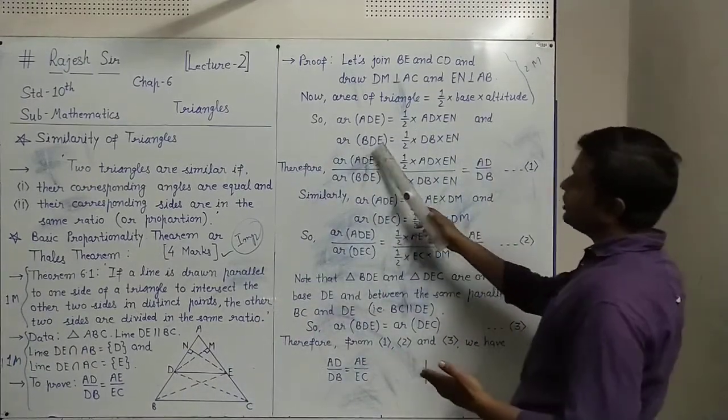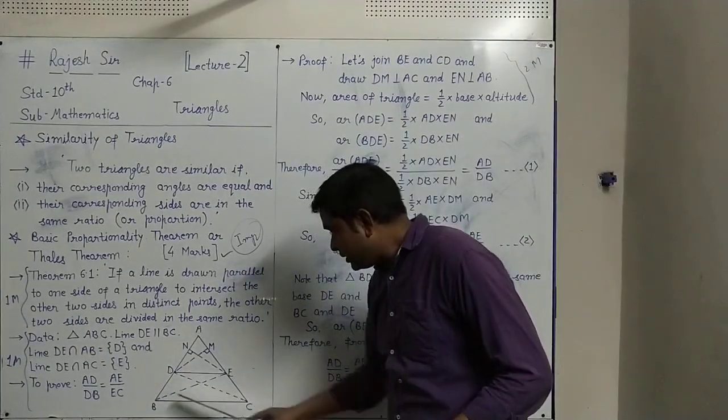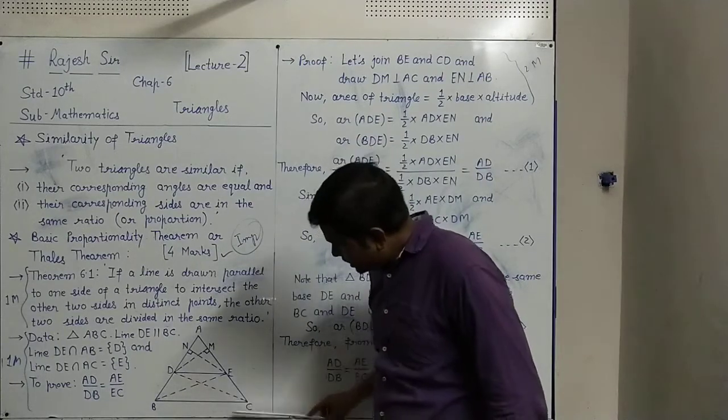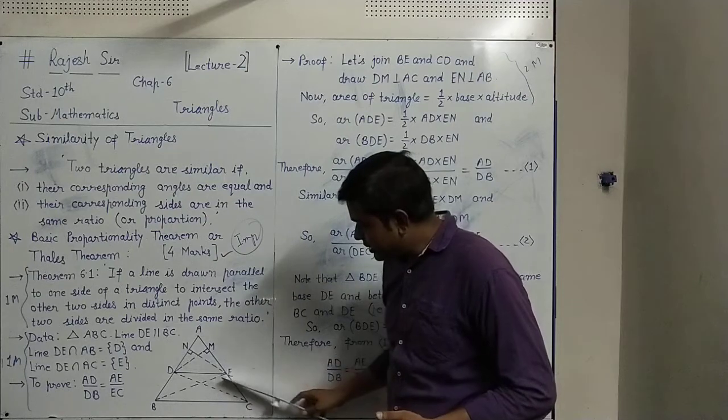And for the area of triangle BDE, on this triangle also you can consider EN as the altitude.